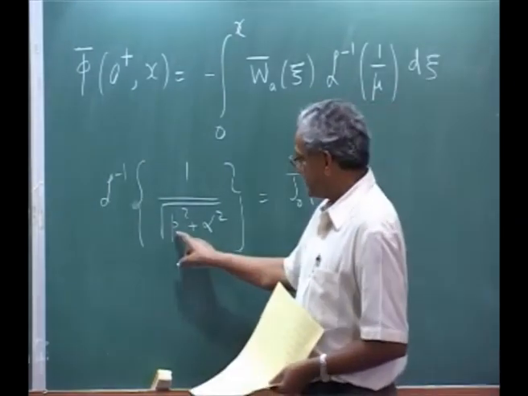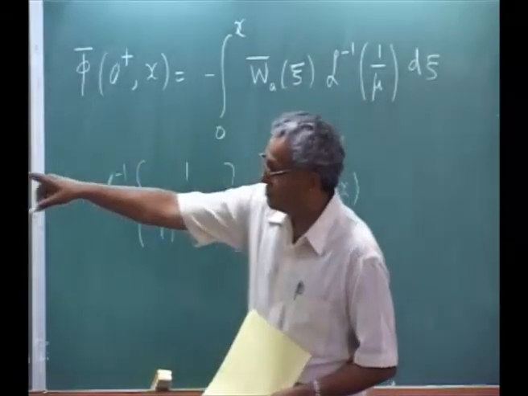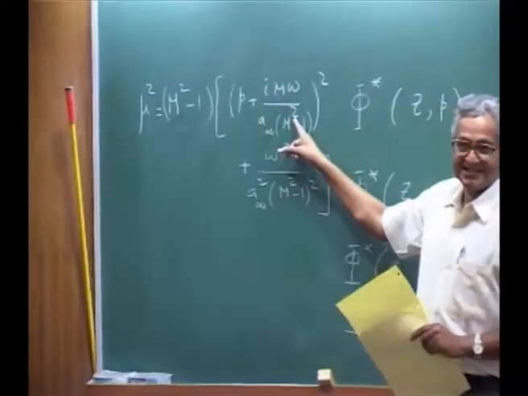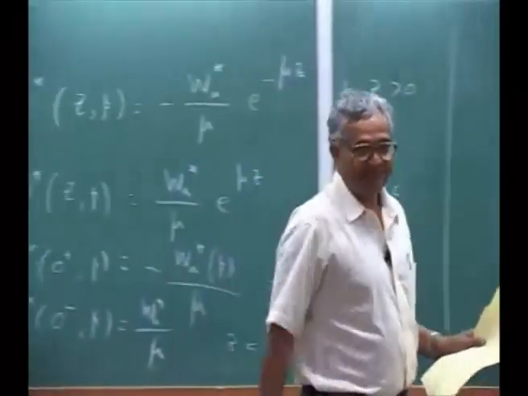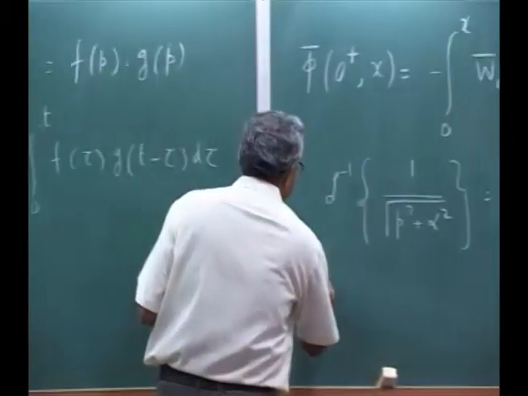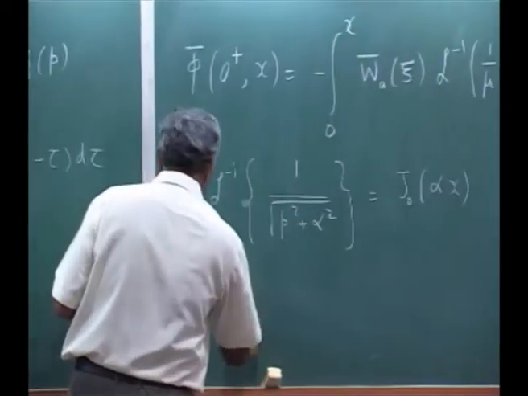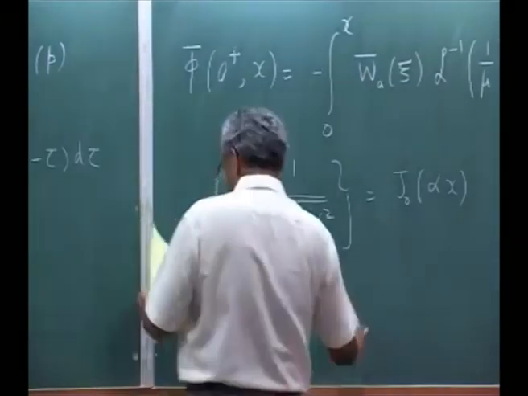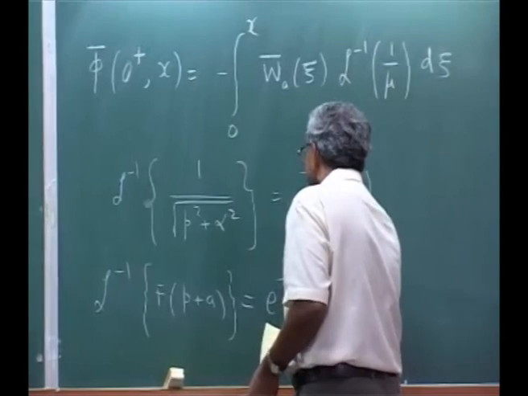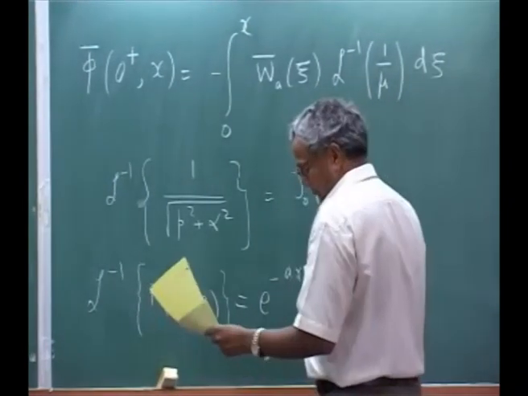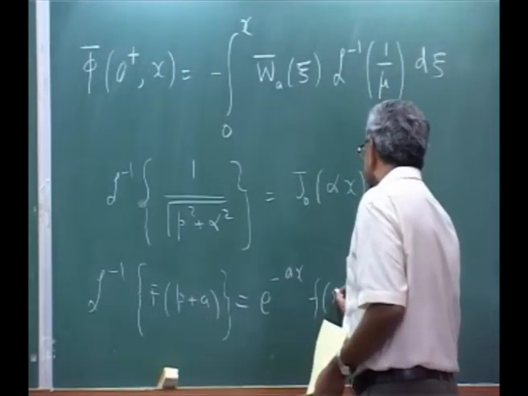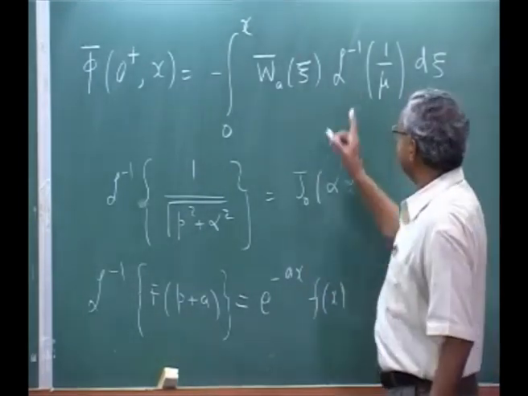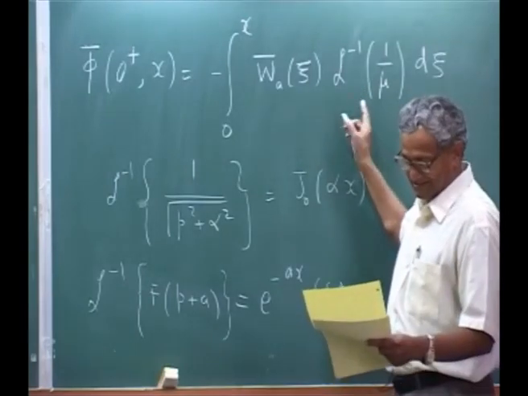And then if p is added with some quantity, p plus some quantity, that means I am using the shifting theorem. Because the Laplace inverse of f of p plus a is nothing but e to the power minus a x, f of x. Okay. So you use these two to write the solution for this.